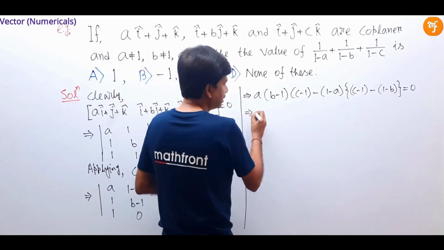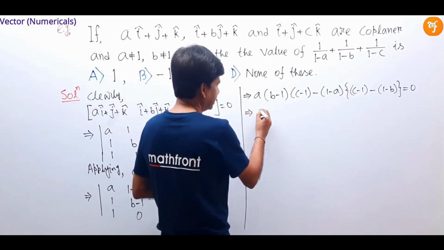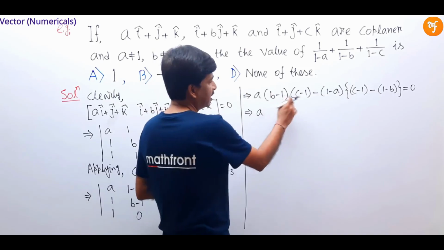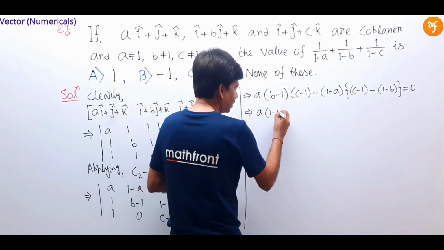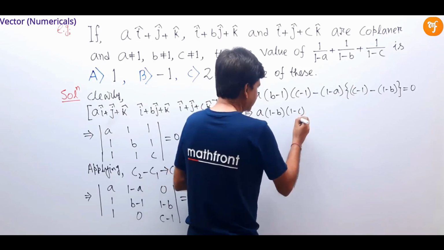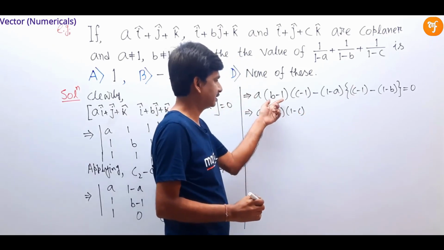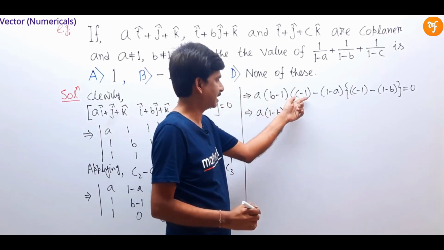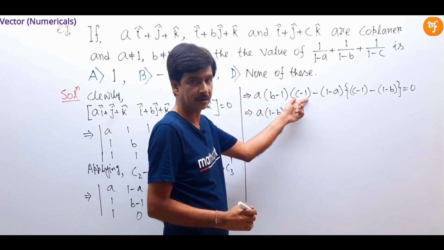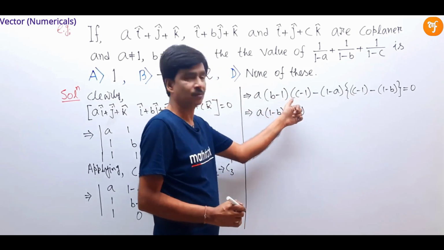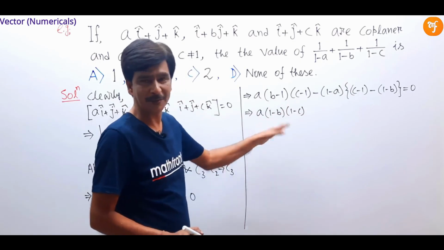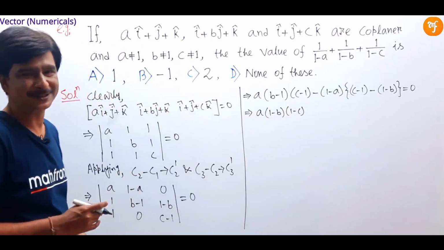So writing in the next step, a into b minus 1 into c minus 1 can be written as a into 1 minus b into 1 minus c. So taking common minus from the second factor and minus from the third factor, we can write a into b minus 1 into c minus 1 as a into 1 minus b into 1 minus c. Sure?